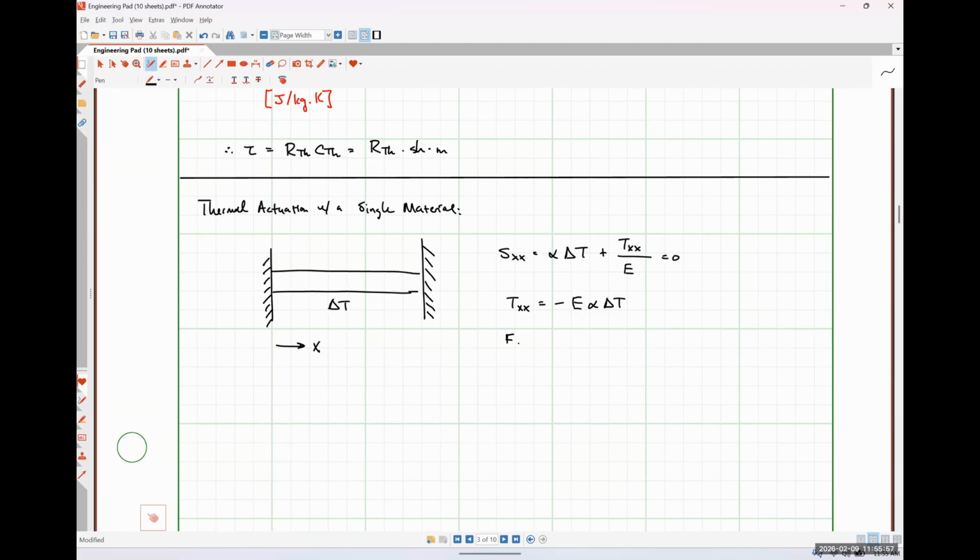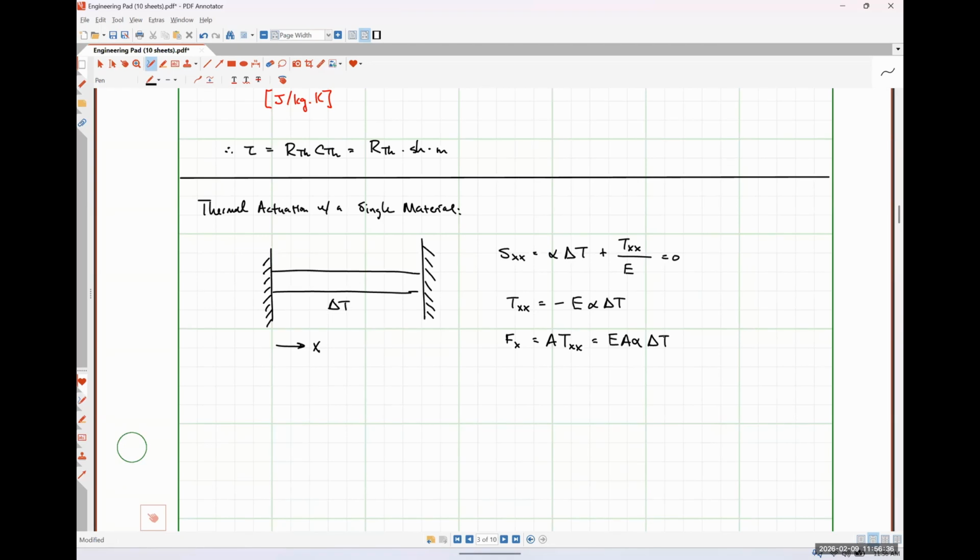And we can say that the force acting in the x direction is just going to be the cross-sectional area of our beam times this stress. So we'd get E A alpha delta T. And so we'd see that we can usually generate pretty large forces for very small displacements.